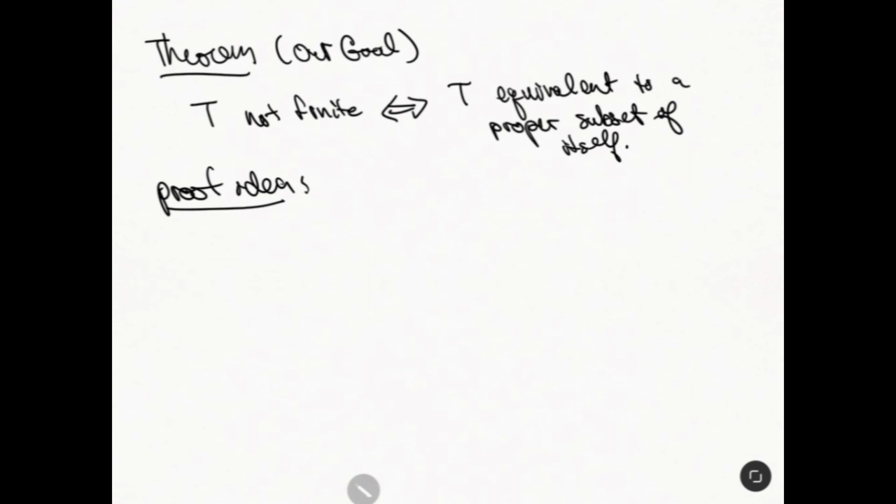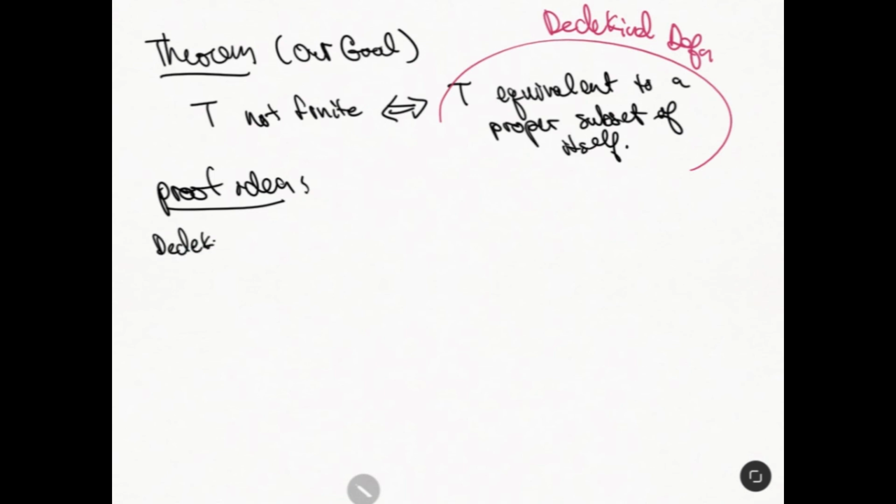But the first part comes from the pigeonhole principle and a contrapositive. So we have two things to show. This was the Dedekind definition of infinite. Let's do this one: Dedekind implies T not finite.